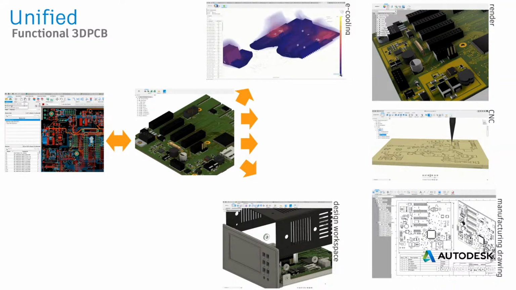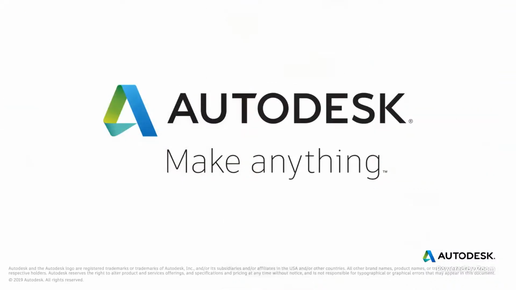In our example, we're actually going to have an enclosure which has already been created by a mechanical engineer, and we're going to be capturing that geometry and inserting it into our circuit board is the workflow that we'll be demonstrating today. So let's go ahead and let's go live with Fusion 360.